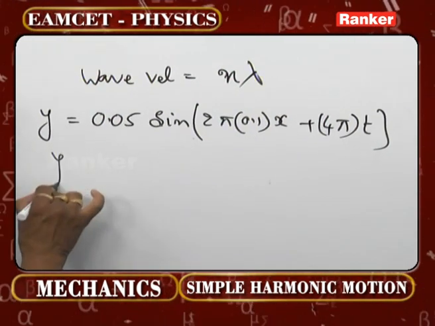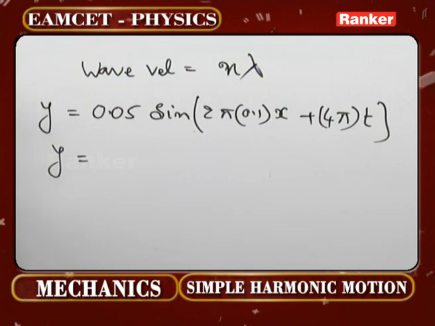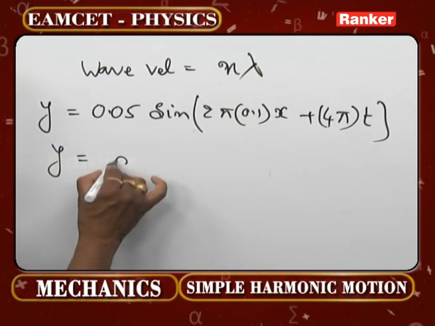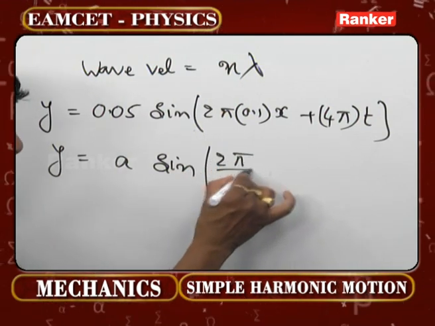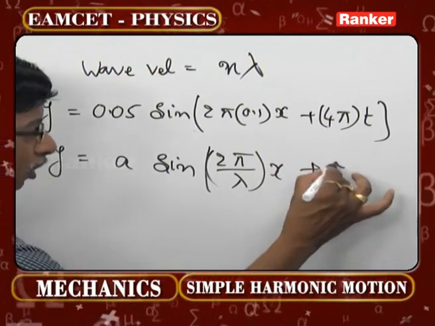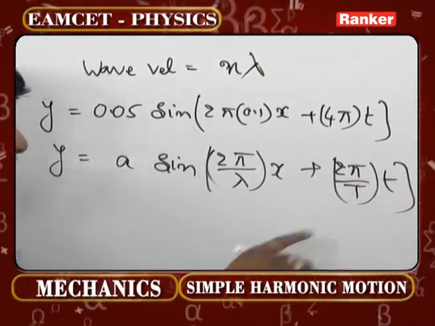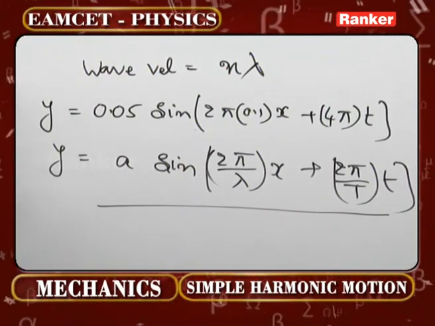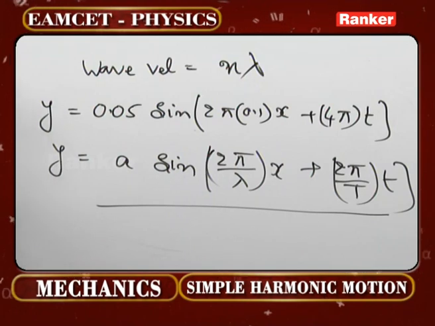Now the original equation we write for a progressive wave in general is y is equal to a sine of 2 pi by lambda into x plus 2 pi by capital T into small t. This is the original equation to be remembered. This is the given equation and this one is the known equation for SHM.